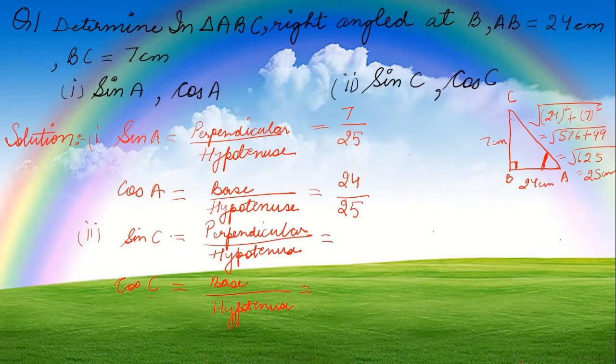Now for this angle C, perpendicular is the side opposite to it, that is 24, upon hypotenuse 25. Now for this C, the base is BC, that is 7, and hypotenuse is 25. So this is the way how you have to solve it. Okay.